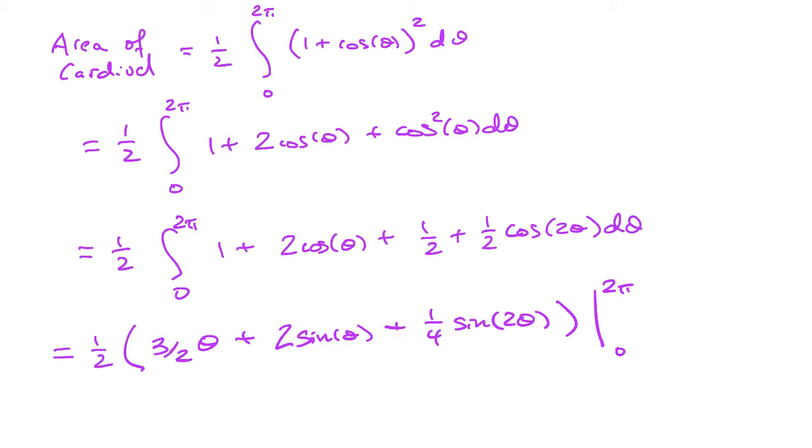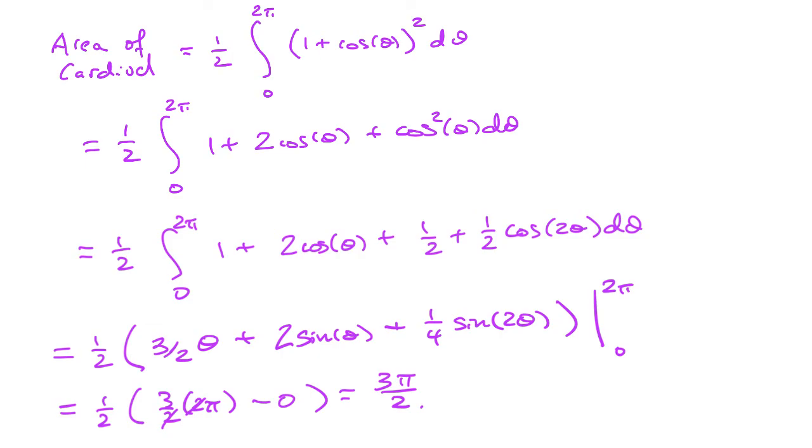So when we plug in those numbers, what we then have is 1/2 times, we plug in 2 pi, our sine of 2 pi, sine of 4 pi will both be 0. So we have 3/2 times 2 pi. And then when we plug in 0, it is 0. So we have our 2's canceling, and so we get a value of 3 pi over 2 for the area of the cardioid.